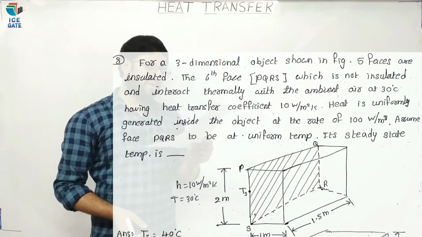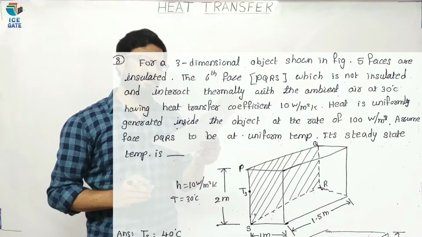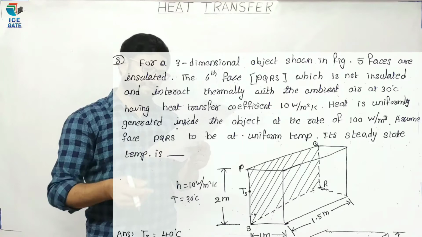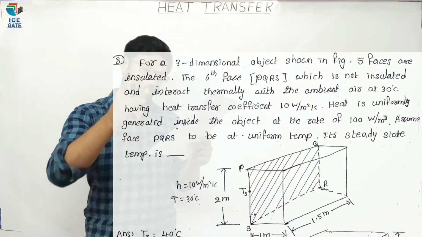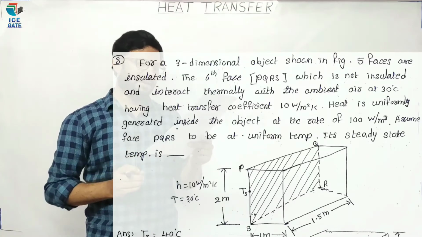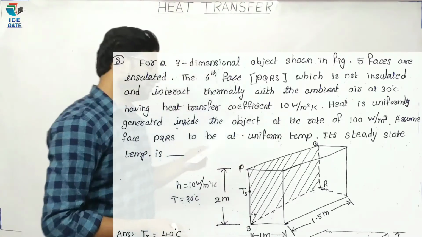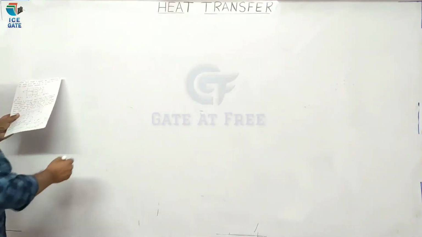Heat is uniformly generated inside the object at the rate of 100 watt per meter cube. Assume face PQRS to be at uniform temperature. Its steady state temperature is dash. Now we have to find out the PQRS plane temperature.